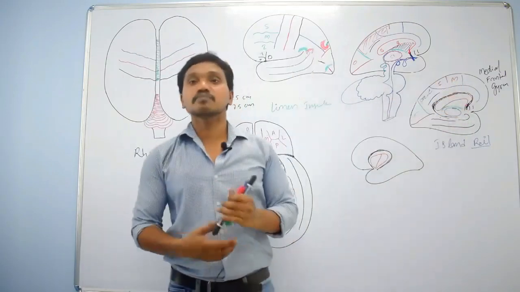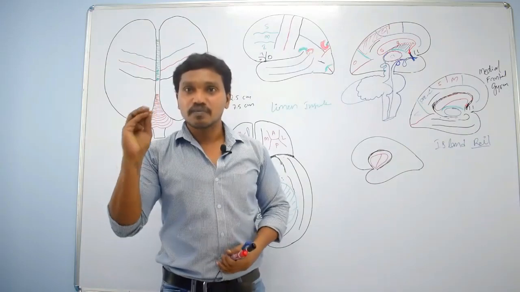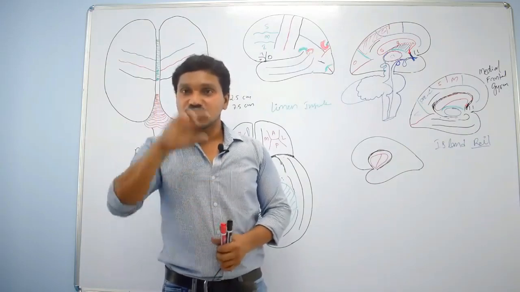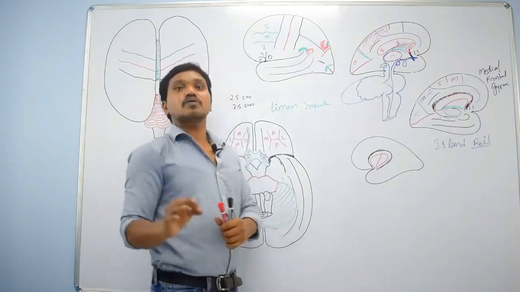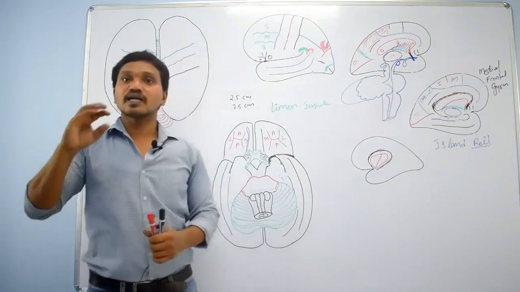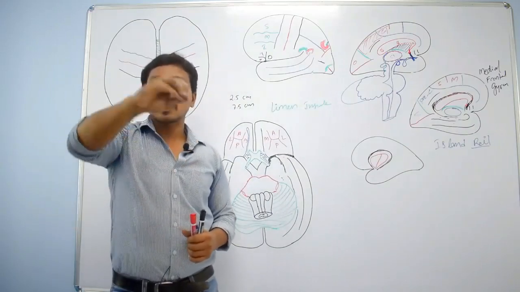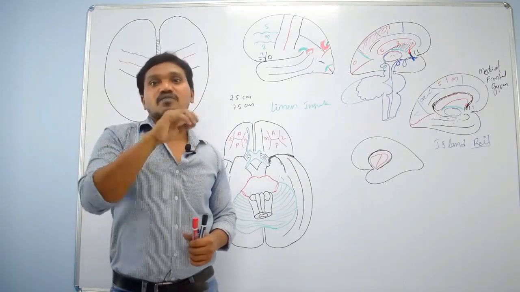The remaining part is the limbic lobe. What is the extension of the limbic lobe? The limbic lobe is present around the margins of the diencephalon.